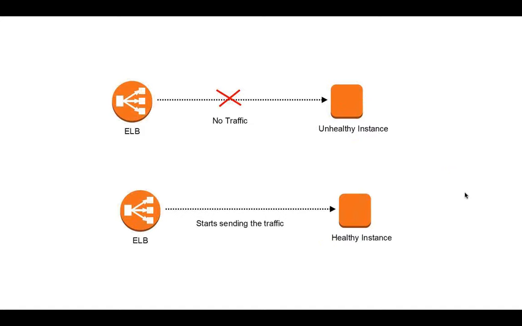They are in a situation to respond to user queries. If they are not, the load balancer will stop sending the traffic to those unhealthy instances and reroute the traffic to the healthy ones. If the unhealthy instances come back up, the load balancer will start sending the traffic to them. So these are the major functionalities or the responsibilities of the load balancer.